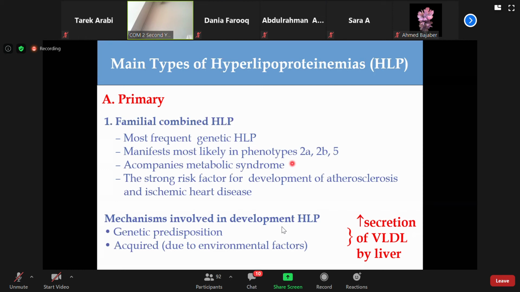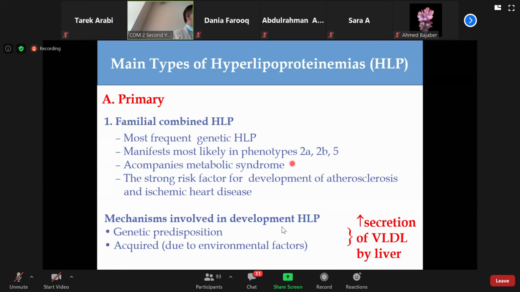But also they're at higher risk of what? Sometimes the phenotype here, 5, we said it's usually associated with what? High lipoprotein, which one is going to be high? Chylomicrons, 5. And we said triglycerides, and that is acute pancreatitis.